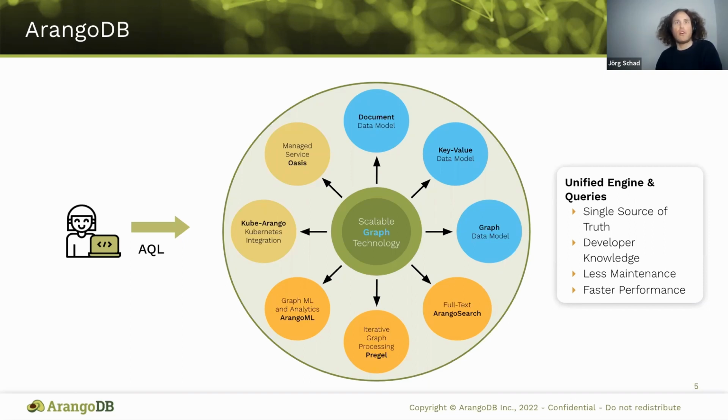And even our own managed service called Oasis is building on top of Kubernetes and therefore also kube-arangodb, but it's basically hiding away and taking away all the pain of even managing clusters out there. So even the coolest, most performant database couldn't really help you if you couldn't easily deploy it. This is where we also invest quite a bit in making the user experience of operating and starting to use ArangoDB as easy as possible.